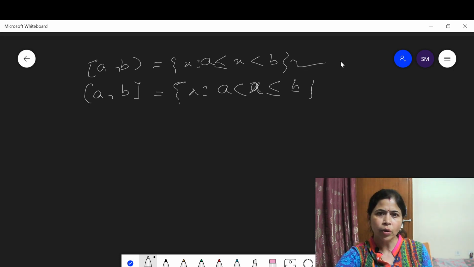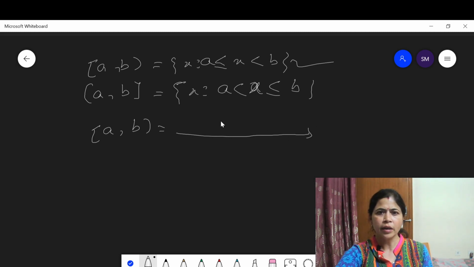This can be denoted on the number line in this form. Suppose this is the real number line from minus infinity to plus infinity, and here this is A and this is B. This is a semi-open or semi-closed interval.